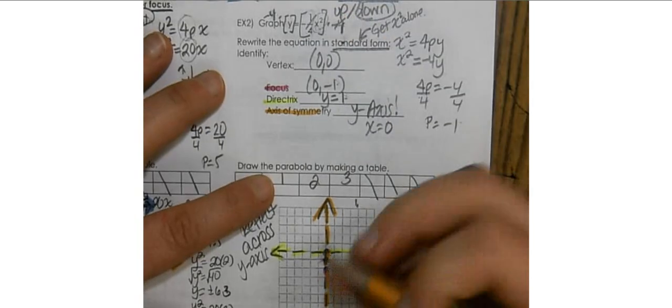So I'm going to let x equal 1, and I'm going to plug it into my standard form function. So my standard form function is x squared is equal to negative 4y. So I'm going to write x squared. So my x value is 1, so I'm going to go 1 squared is equal to negative 4 times y, and I'm going to solve for y.